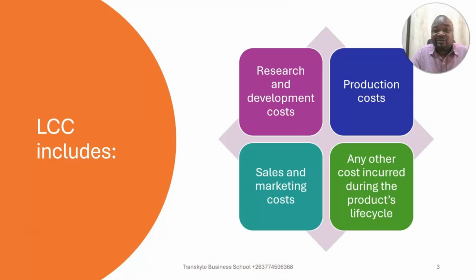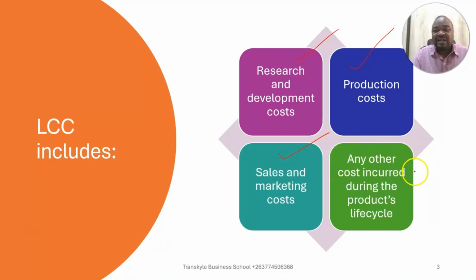So what is included in life cycle costs? Life cycle costs include research and development costs, production costs themselves, the cost of producing the product, sales and marketing costs. Those are also included in the cost of the product. Those costs which we are going to incur to ensure that the product is made known in the market, when we are making our customers aware that there is a certain product in existence.